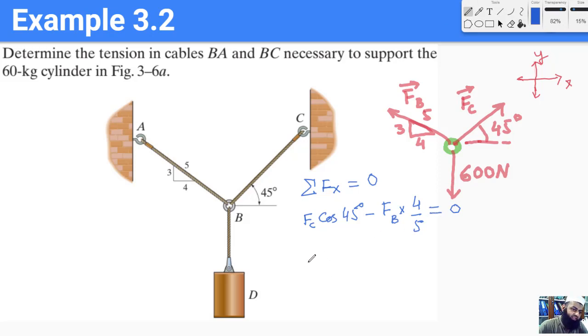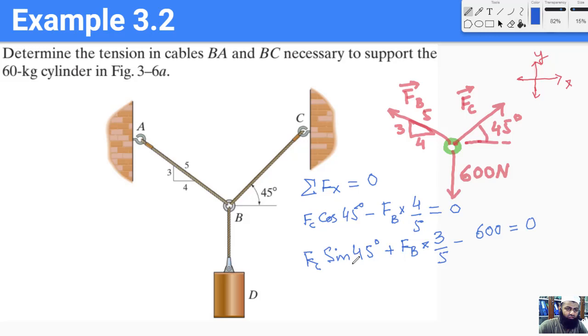Okay, so the second equation is the equation in the y-axis, and in the y-axis we have three forces: the y component of Fc, the y component of Fb, and this force is also in the y direction. So now we say Fc sine of 45 degrees plus Fb times 3/5, and now this is in the minus direction, so I would say minus 600 equals 0.